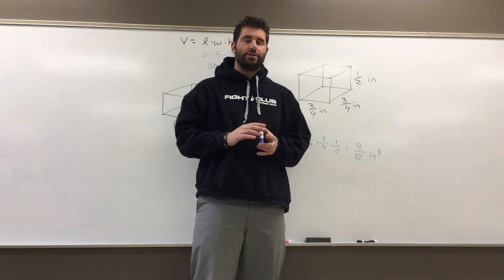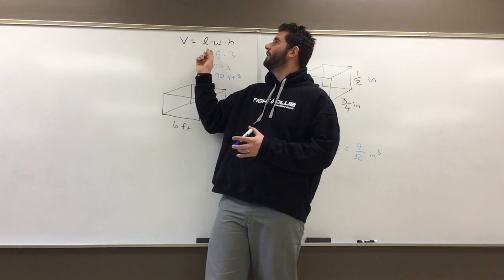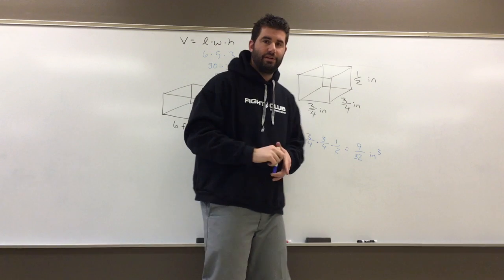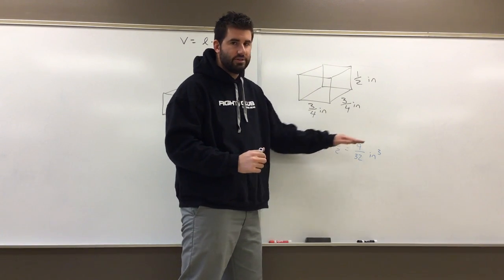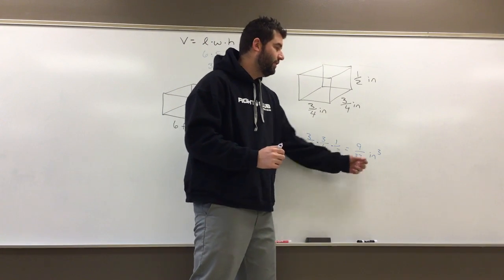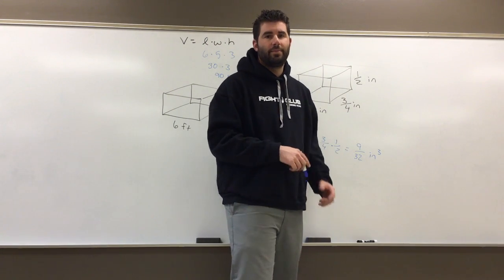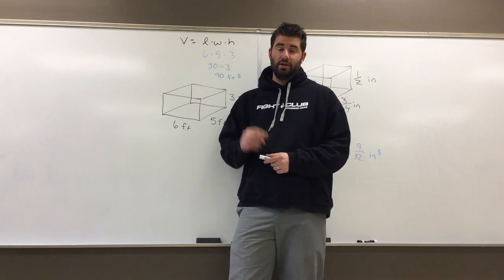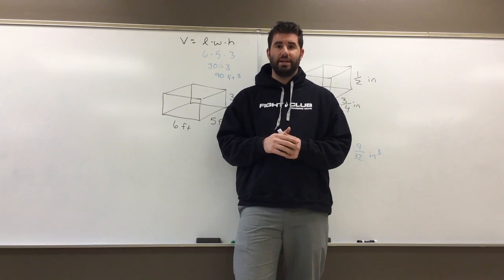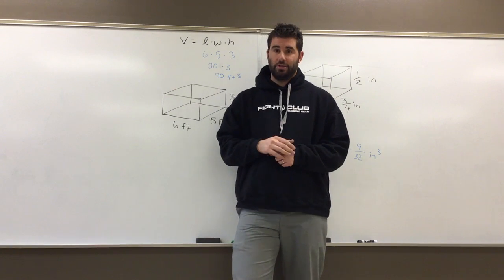Okay? So just like over here, it's still length times width times height. The difference is we actually had to do this with fractions. So multiply across the top, multiply across the bottom. We have our answer. Now remember, if we were doing decimals, it's still the same way. Length, width, height, multiplied together. And you can use a calculator.